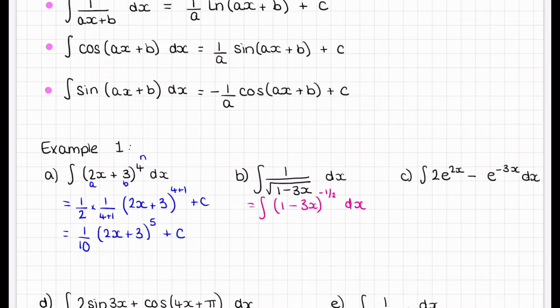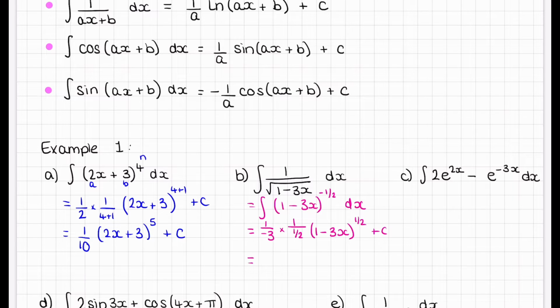Then do the integral of this, which would be 1 over a, which is the negative 3, because the a is the value that's in front of the x. We'll have 1 over negative 3 multiplied by 1 over negative a half plus 1, which will be 1 over a half. Bracket stays the same. Plus 1 to the power, so negative a half plus 1 is just a half, and then plus c.